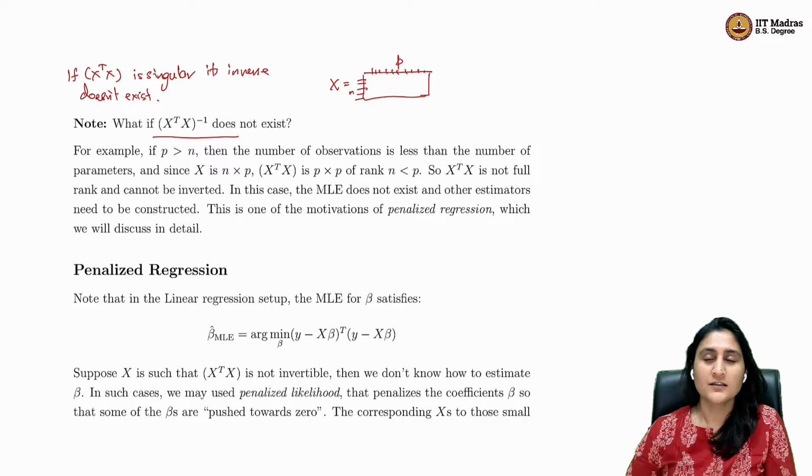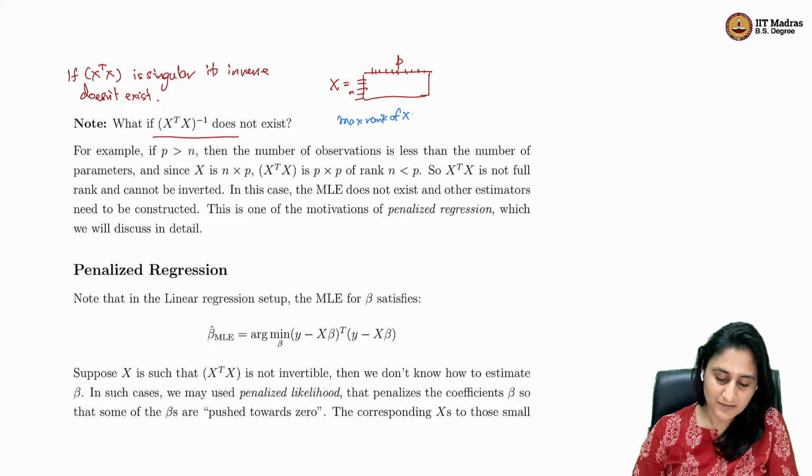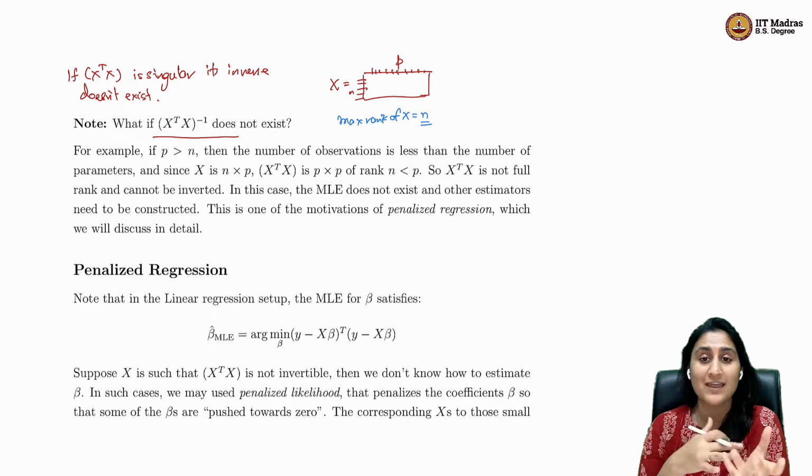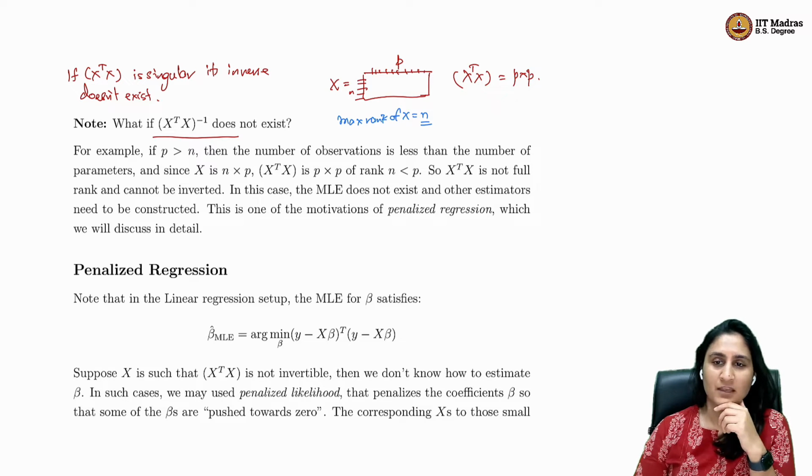Okay. Now, the maximum possible rank of X in this case is just N, because it has to be the smaller of N and P. But X transpose X is a P by P matrix, right?